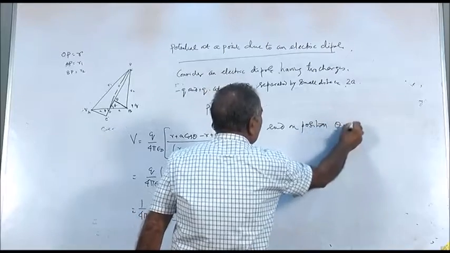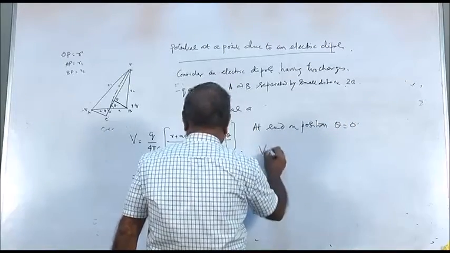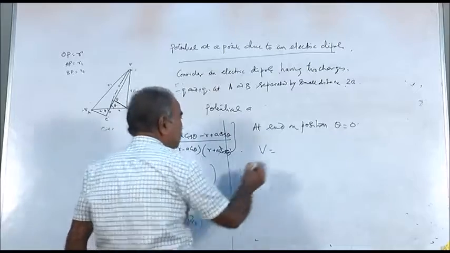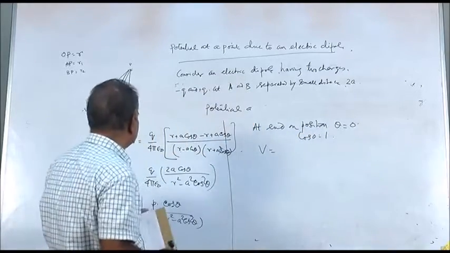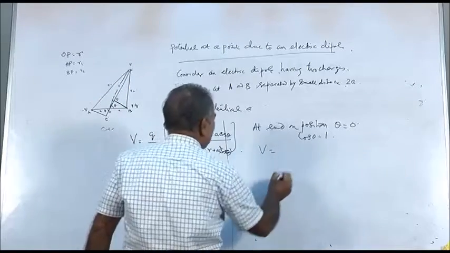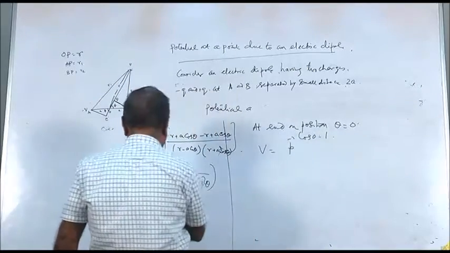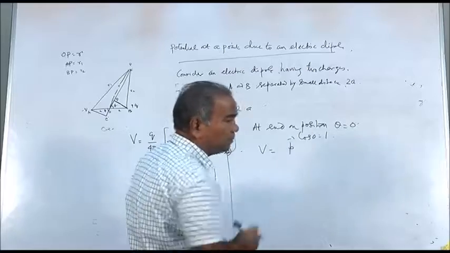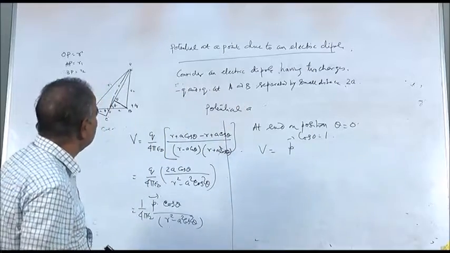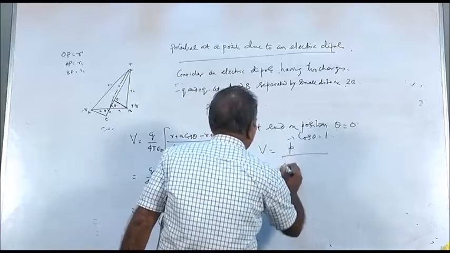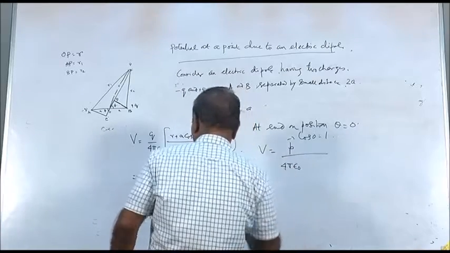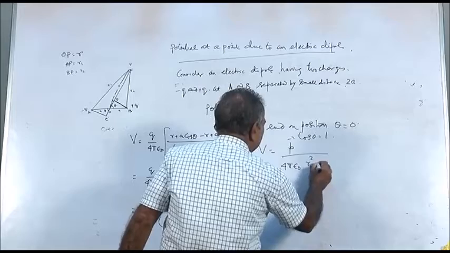So the potential, with cos 0 equal to 1, becomes P. The dipole moment is a vector quantity, directed from the negative charge to the positive charge. So that is equal to P divided by 4 pi epsilon 0 into r square minus a square.